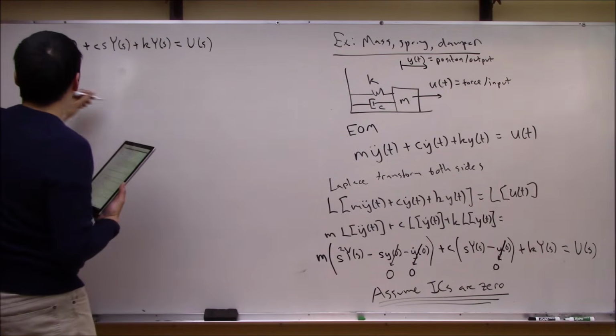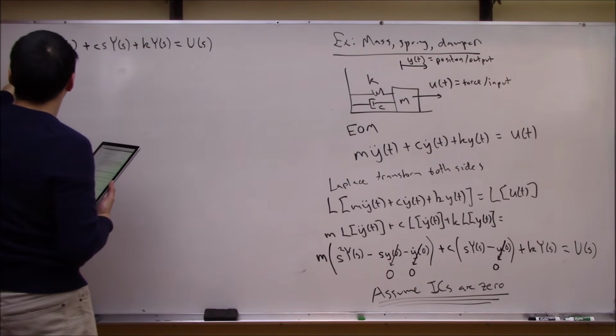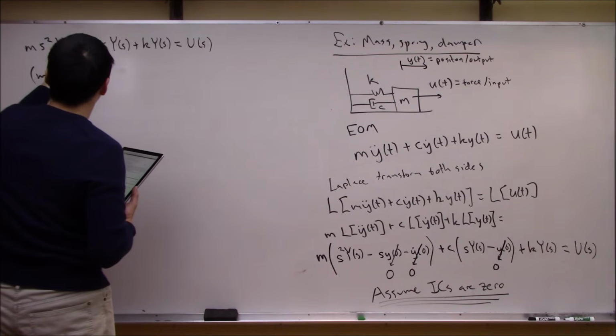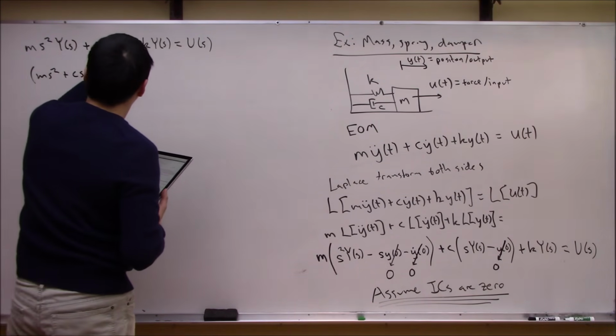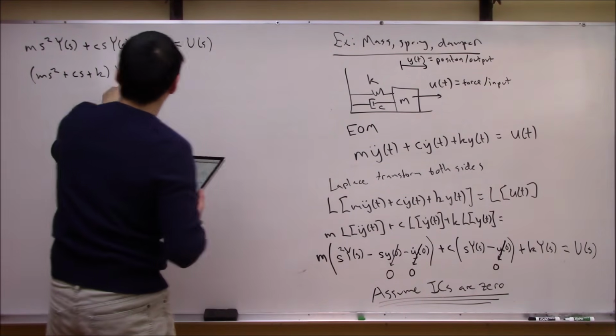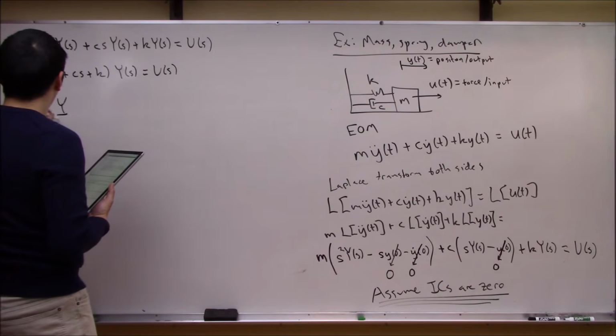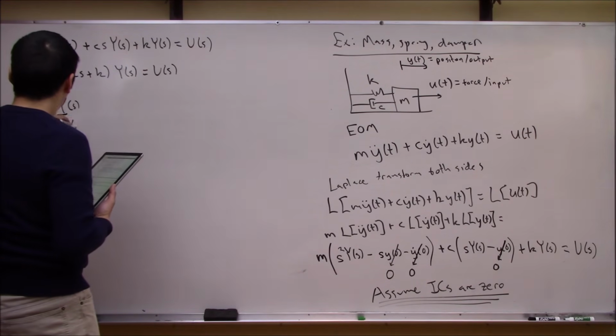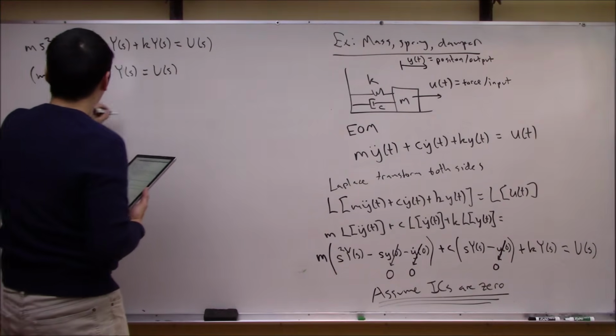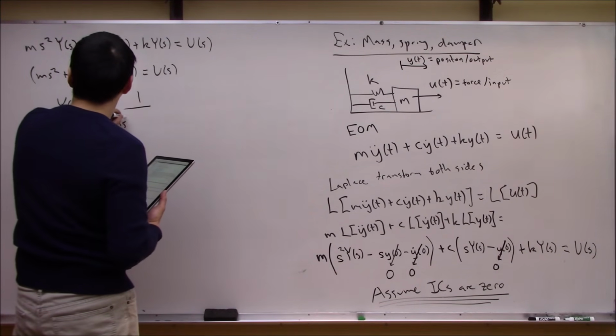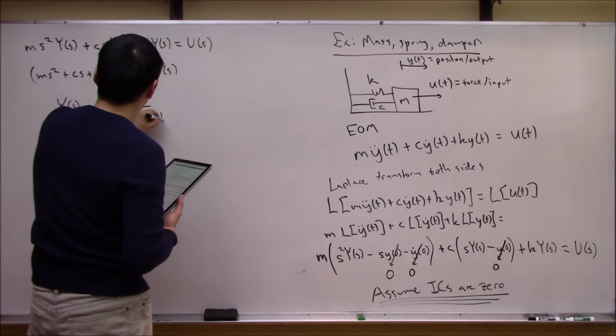Now I can factor out the y, so I end up with ms squared plus cs plus k times y of s equal to u of s. Now just solve for y over u, and we end up with 1 over ms squared plus cs plus k.